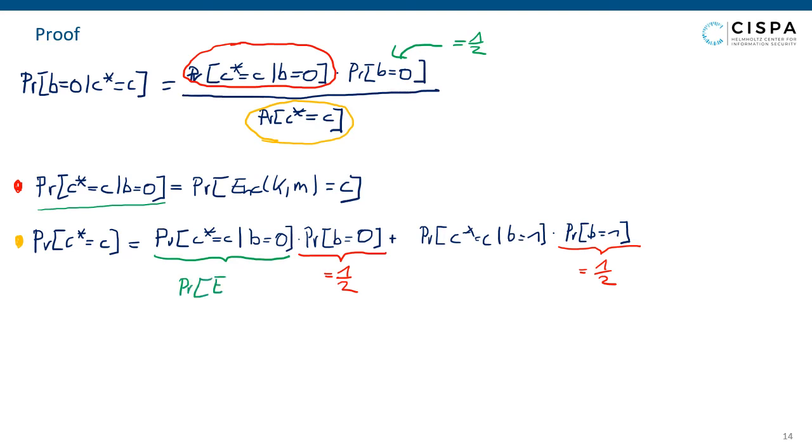That's the probability of an encryption of M being C. And in the same way, let's maybe use a different color for that, maybe light blue. In the case of B equals 1, the challenger encrypts the message M prime. So in this case, the challenge ciphertext is an encryption of M prime.